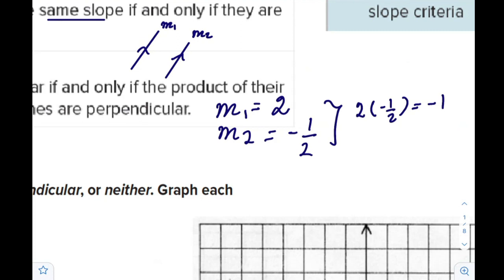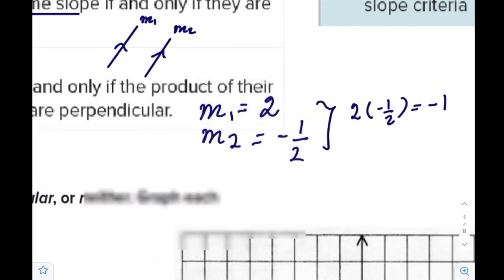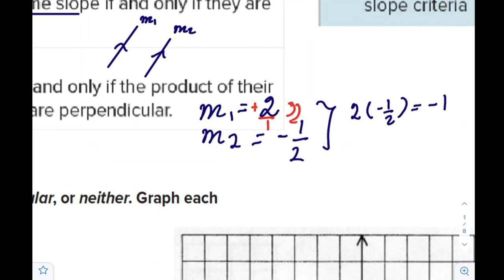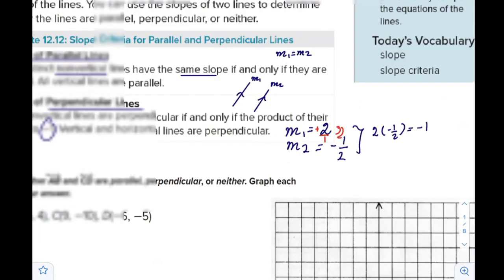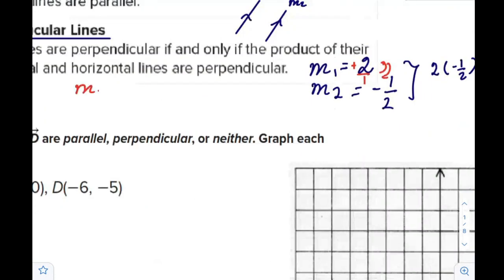That means you take the reciprocal of the number and also reverse the sign. If this is 2 over 1, you flip it to 1 over 2 and reverse the sign: it was positive, then it is negative. So if the first line has a slope of -2 over 3, then the second slope should be positive, 3 over 2.